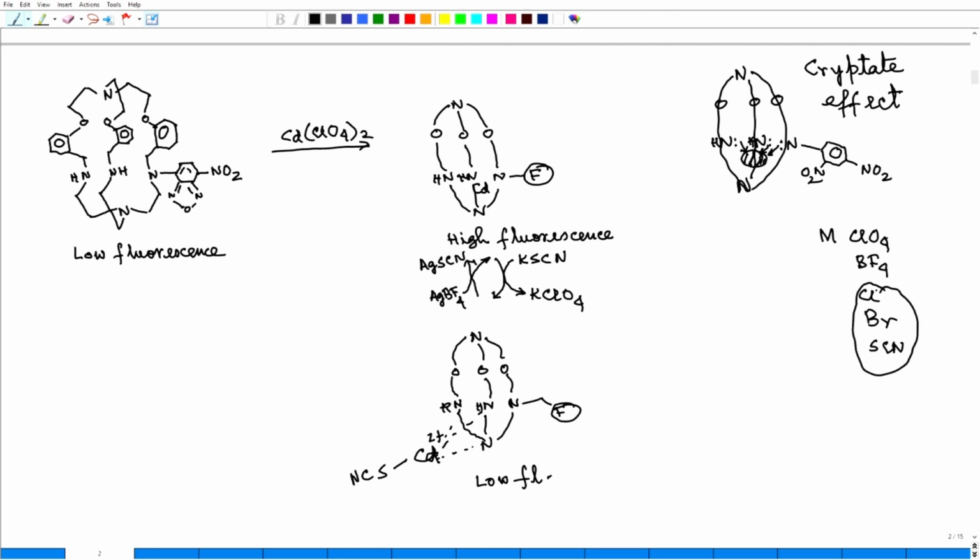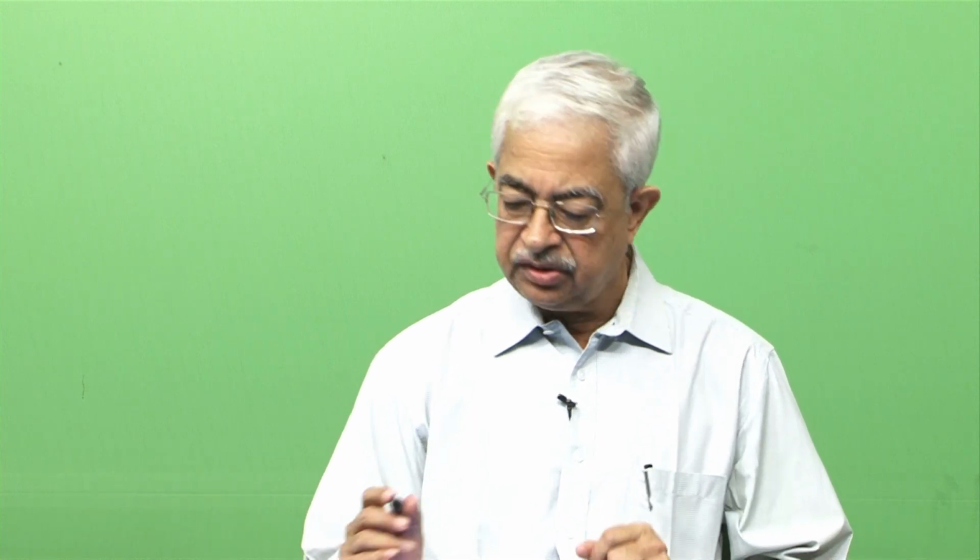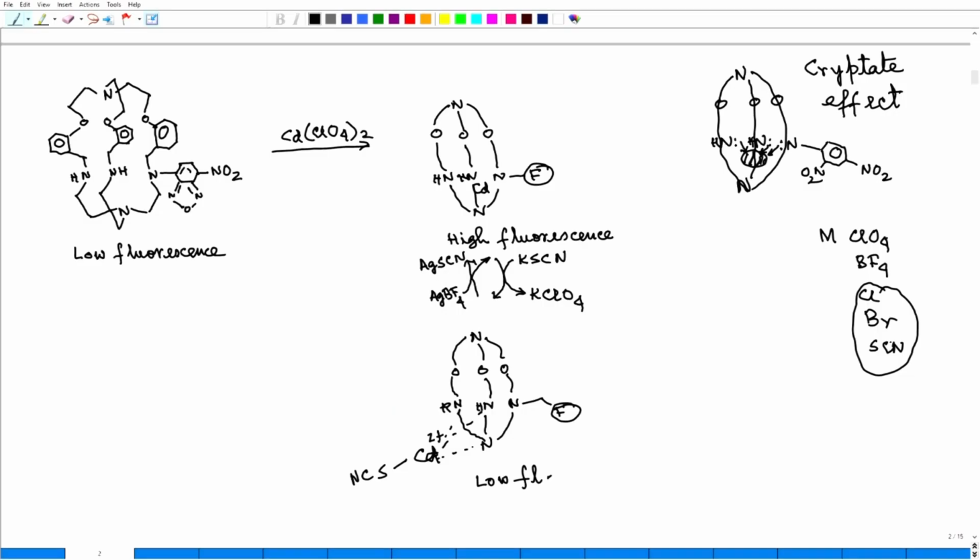These anions have the power to coordinate the metal ion, while perchlorate and BF4 are usually non-coordinating. BF4 is very good as a non-coordinating anion, because it leaves aside and does not bother anything. Perchlorate sometimes binds metal ion. Nevertheless, both of them are non-coordinating anions, and these others are called coordinating anions. All right, so this is one piece of knowledge.